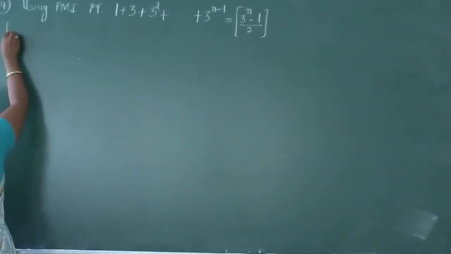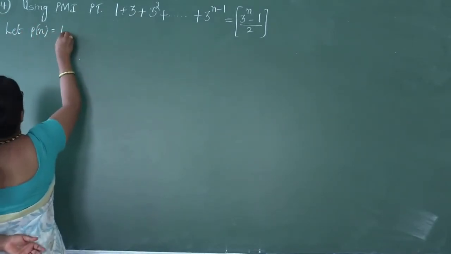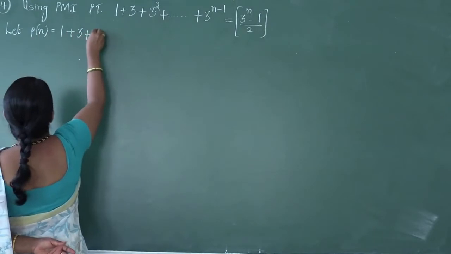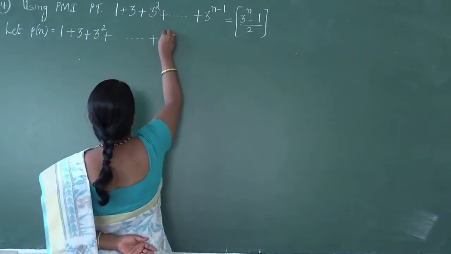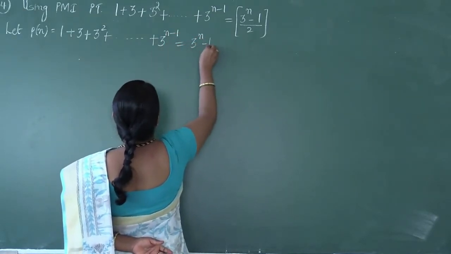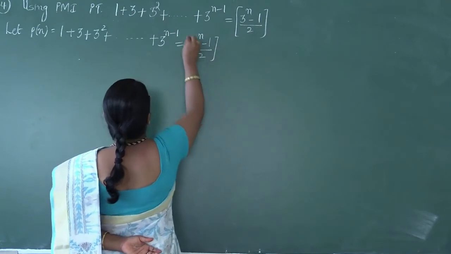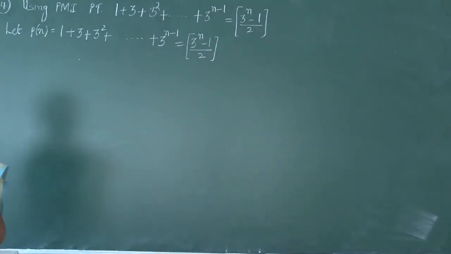So this is the first step. Let P(n) be 1 plus 3 square etc. plus 3 power n minus 1 is equal to (3 power n minus 1) divided by 2. This is the first step.